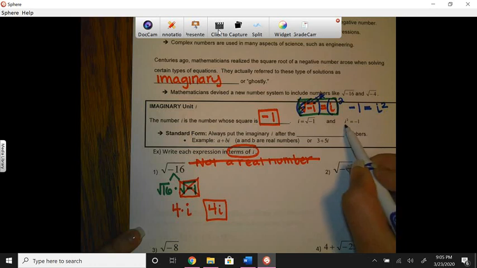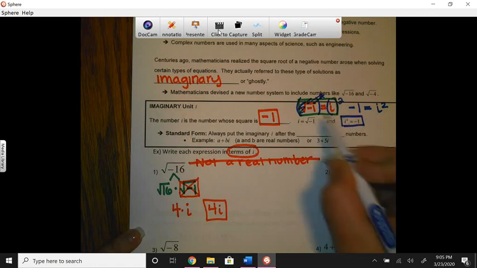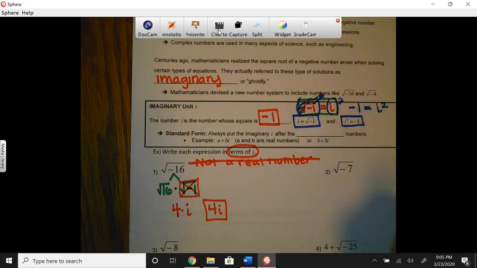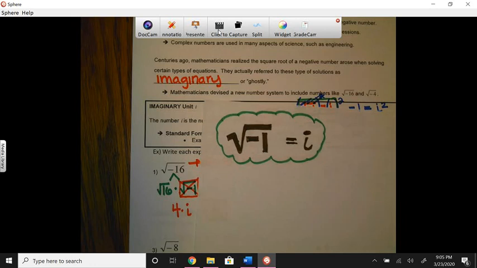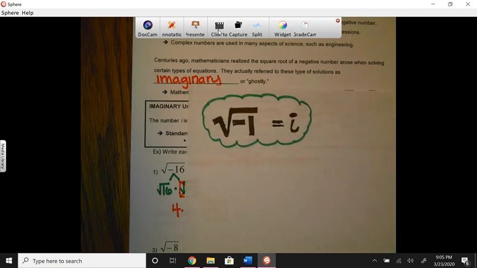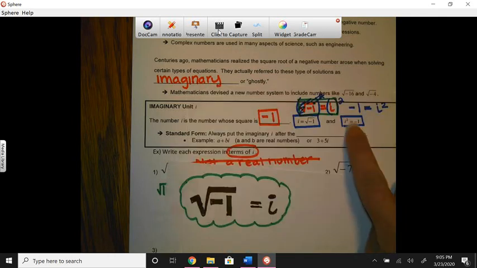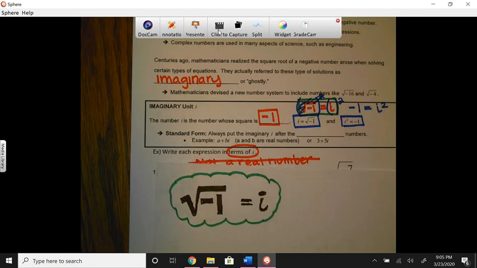So that's where this other substitution comes from. These two substitutions are what we're going to use for this entire 8.7 lesson. So you can get this one from just knowing this. This is what you do need to know. This is the one thing you have to memorize and understand to be able to do all these problems. Because then if you just square both sides, that's how you get the other substitution that we need to do these problems.